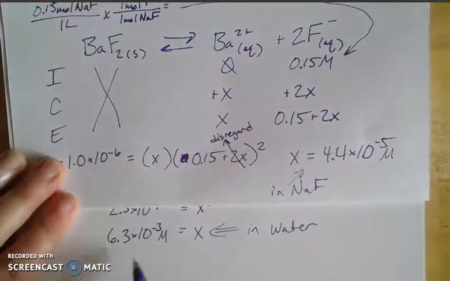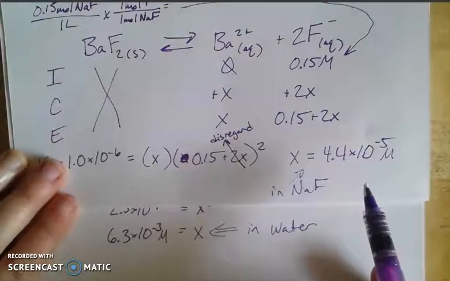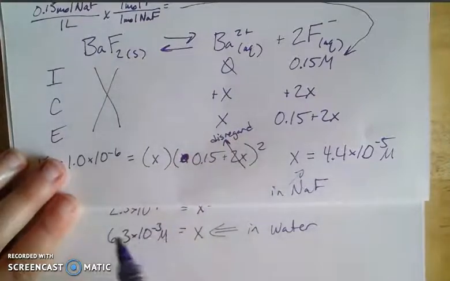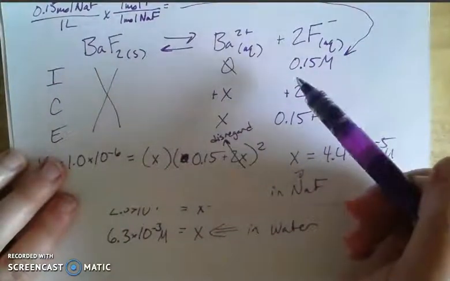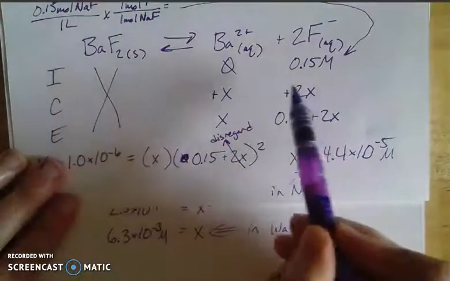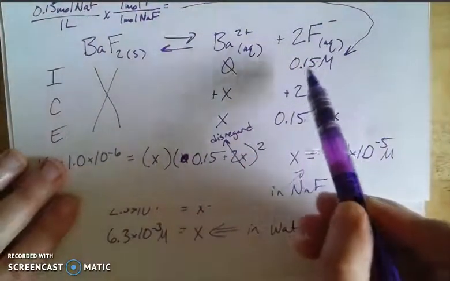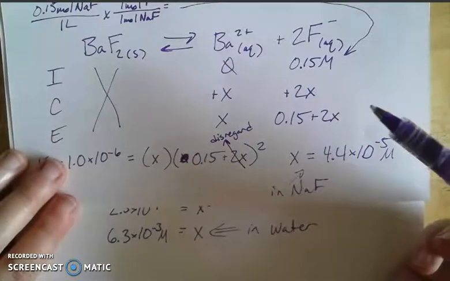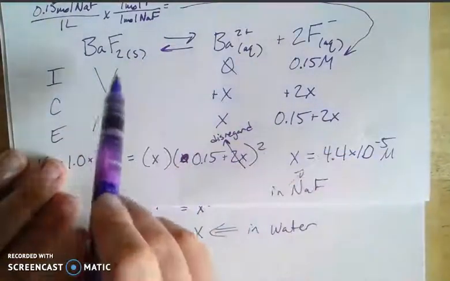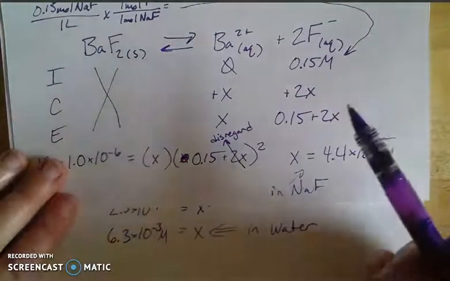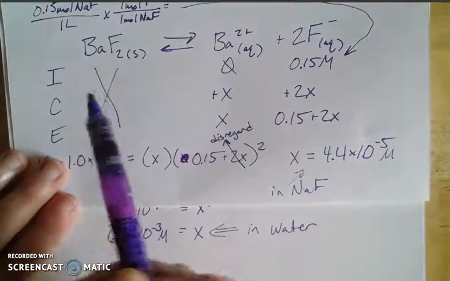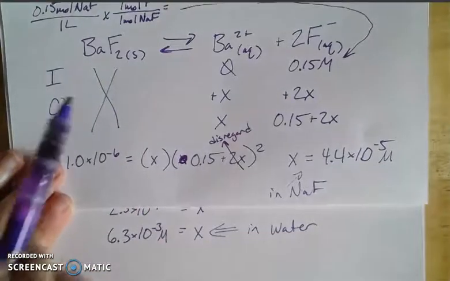Then we can see that the solubility decreased. And that makes sense because if I have it in sodium fluoride, then I have more fluoride ions present. So for this equilibrium, I'm increasing the concentration of my product, which should shift it towards my reactants. If I'm shifting towards my solid here, I'm precipitating out this solid, meaning that it is less soluble in that solution.